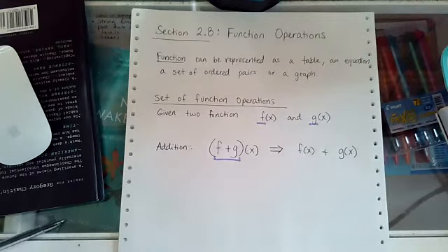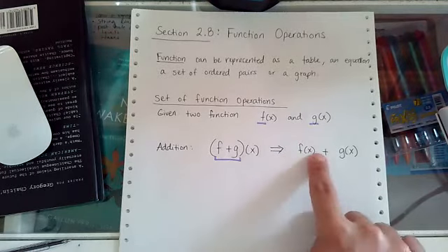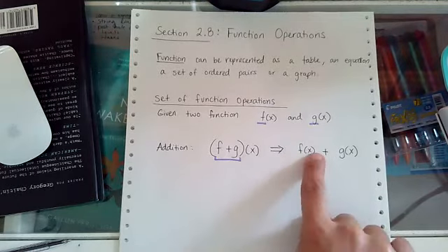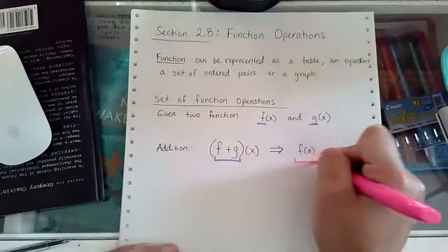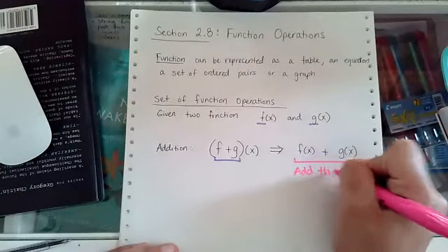So here, remember that the parentheses is not indicating multiplication. It's just indicating the input for the function. In any case, what this is telling you to do is just add the output values of the two functions.